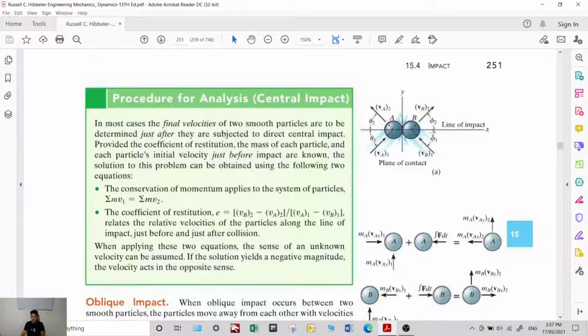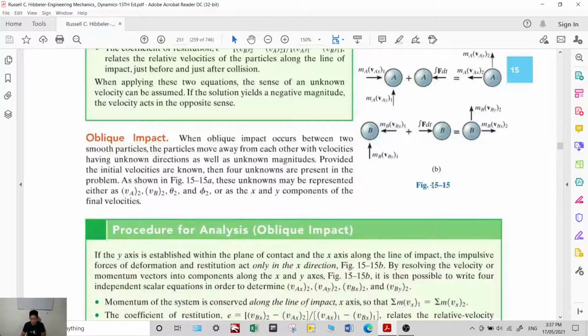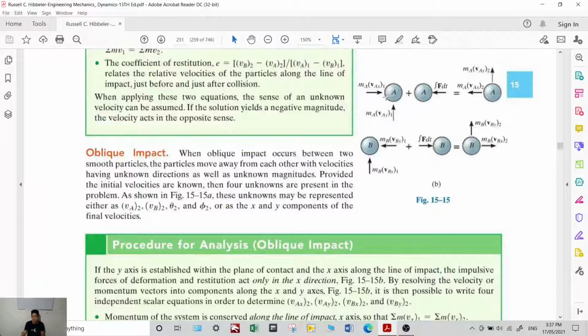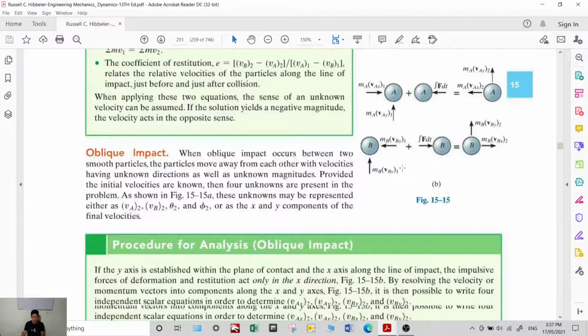This one, P sub 2 and P sub 1. Okay, so after you have resolved the momentum in its x and y components, you assume the direction for the final velocity of the A and B. Pwede mo na siyang i-assume. Usually, you assume this one in the positive direction.